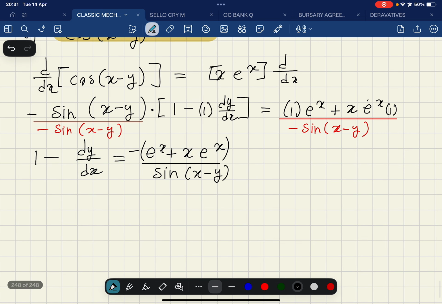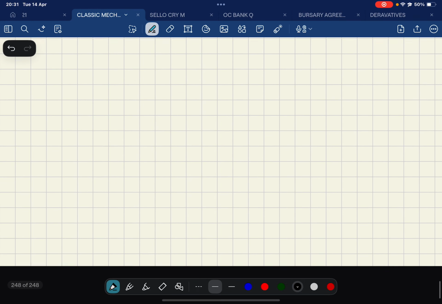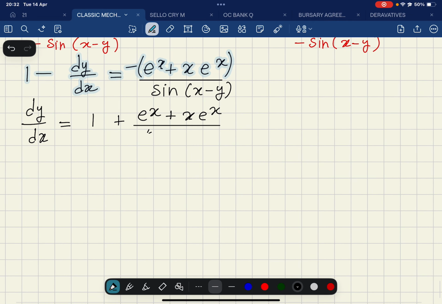Then I can take that one to the other side, which means I will be left with dy over dx is equal to 1 plus e to the x plus x e to the x, all divided by the sine of x minus y. Sorry, my mistake from there, but I think I am done. So that is your final answer there.